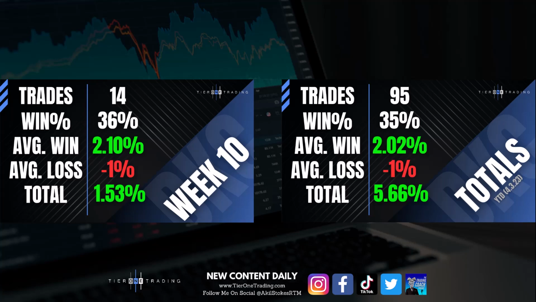Average win for the year is averaging about 2.2%, or 2.02%, return, and that average loss is always going to be 1%. Year-to-date return is going to be a 5.6% return, and given how we're about 2.5 months in, 2 months in a week or so, and considering kind of the drawdown that we were in, that's not bad. If we can consistently churn that out for the rest of the year, I will be very happy.